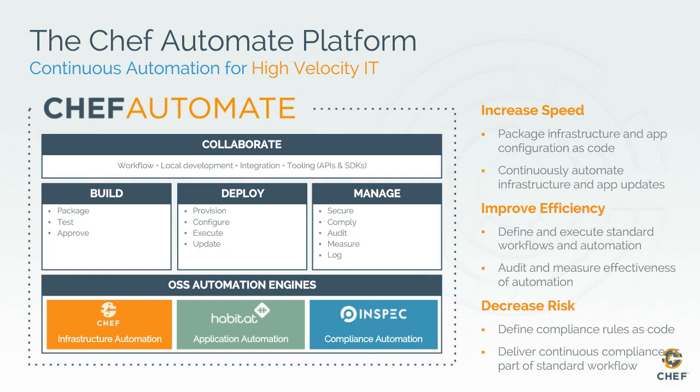What we want to do is make sure that we're also working on other things such as InSpec for compliance automation, which is what we're going to focus this webinar on. The other really interesting piece is Habitat that we're doing for application automation, that will have other topics and other webinars in the future, and there's already enough available content out there.